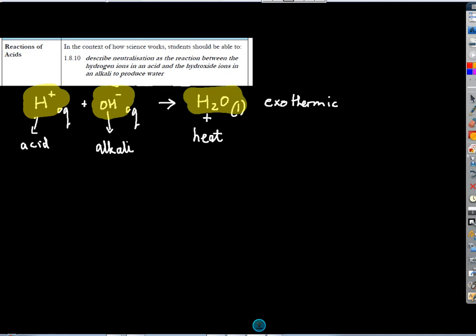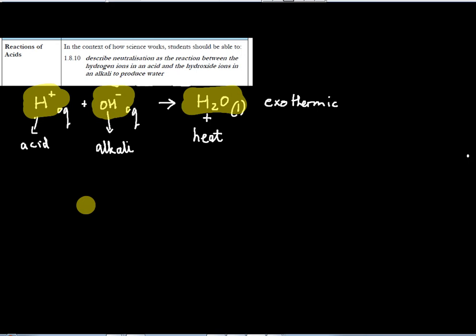Well, we get H2O, and that's the reason why it's called neutralization, because our acid has joined to our alkali and it has given us a solution which is water, and that has a pH which is neutral. We also get some heat given out in that reaction, so it's exothermic, and again you need to understand that neutralization reactions are indeed exothermic.